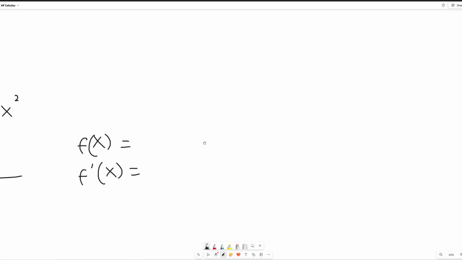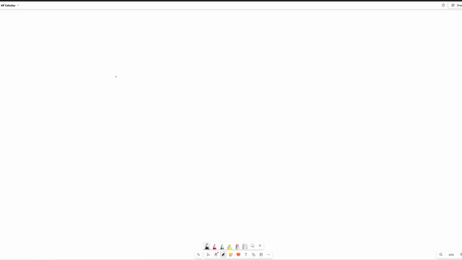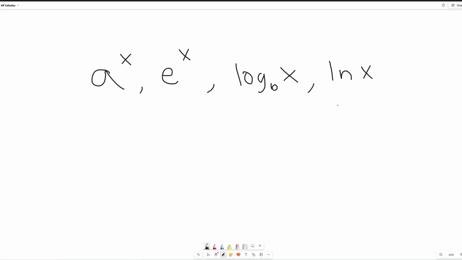So we have a to the x, e to the x, log base b of x, ln of x, and then the 6 trig functions. But really, you only need to know 2 to be able to figure out the rest.